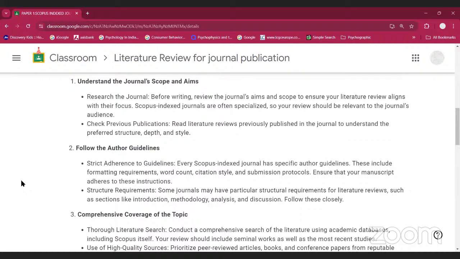Therefore, you have to pay much attention to the coverage area of your research topic. This is clear to all?